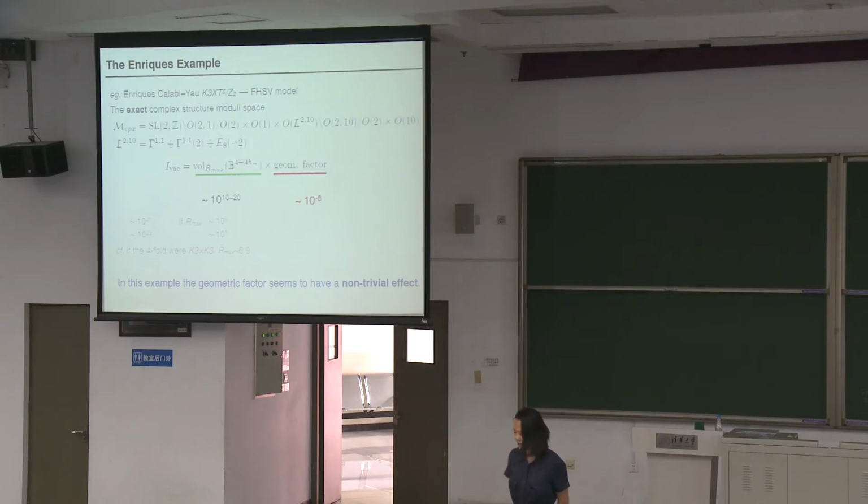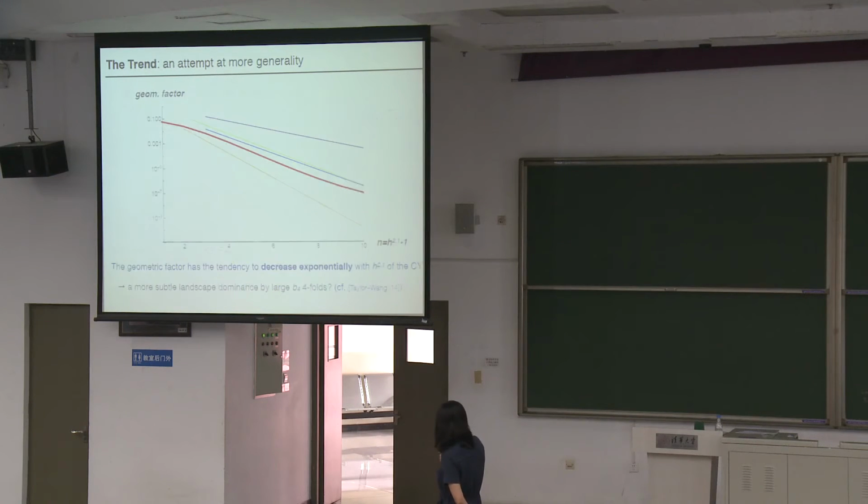And is it possible to say something more generic at all? Well, without going into the details, the geometric factor has the tendency to increase exponentially, at least in this type of Calabi-Yau, with the dimension of the moduli space.